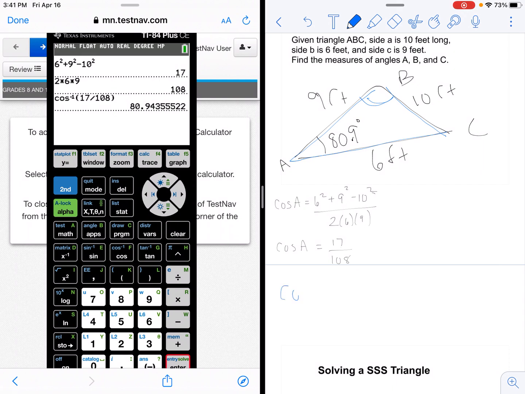I'm going to do the cosine of B is equal to, now I'm going to use the other two sides, so 9 squared plus 10 squared minus 6 squared, all divided by 2 times 9 times 10.